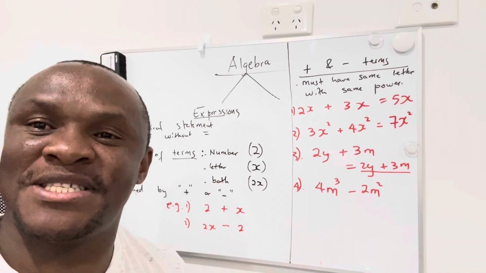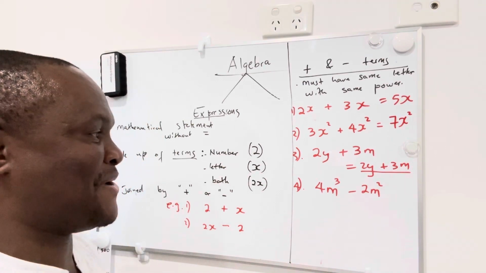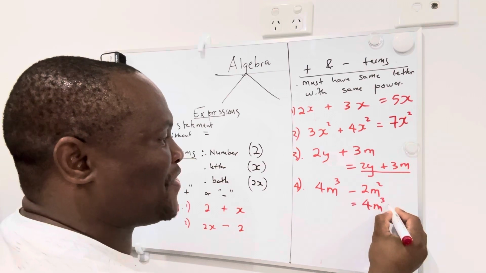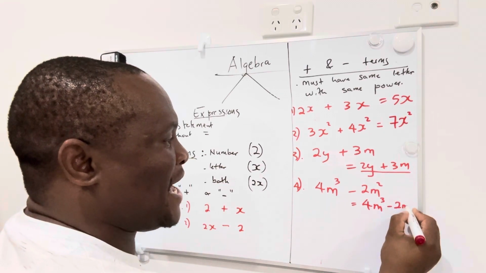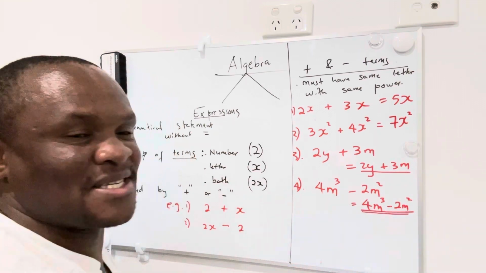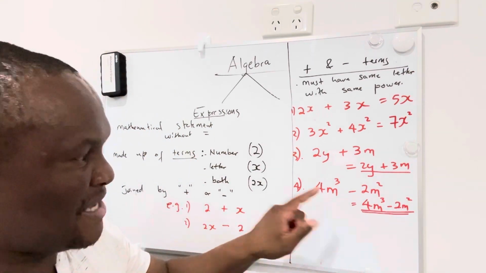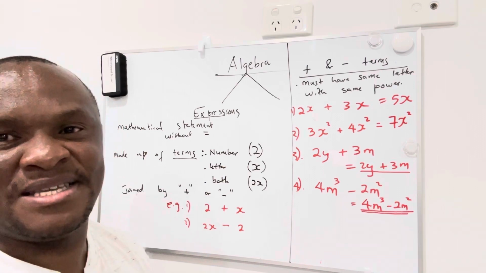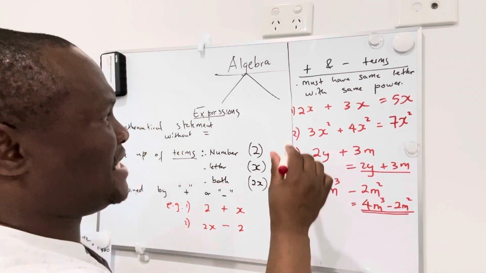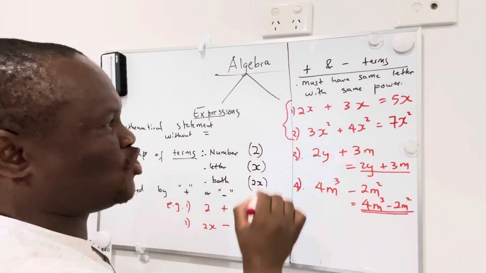Therefore, we cannot subtract them. So your answer becomes 4m to the power 3 minus 2m to the power 2, the same as in the question.